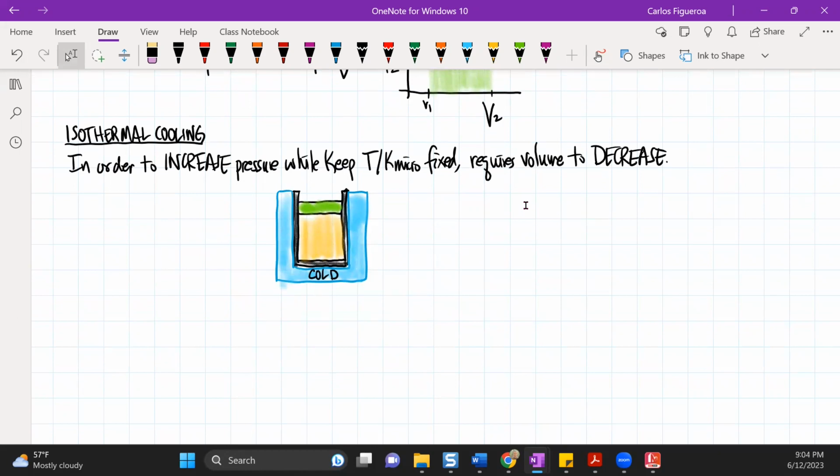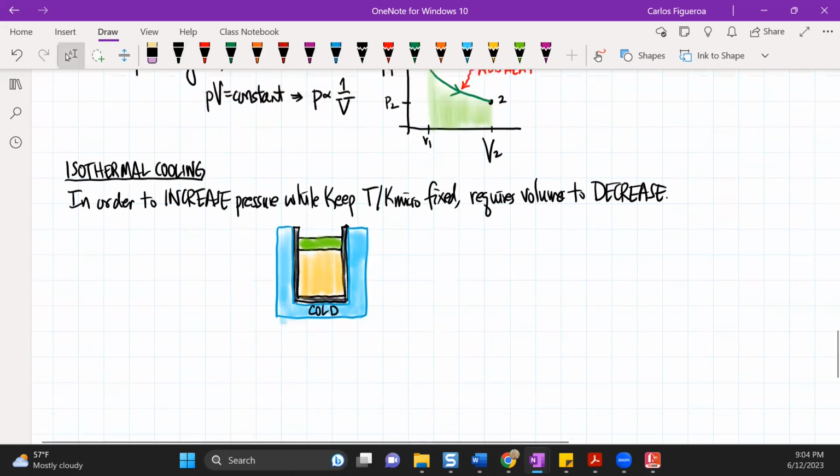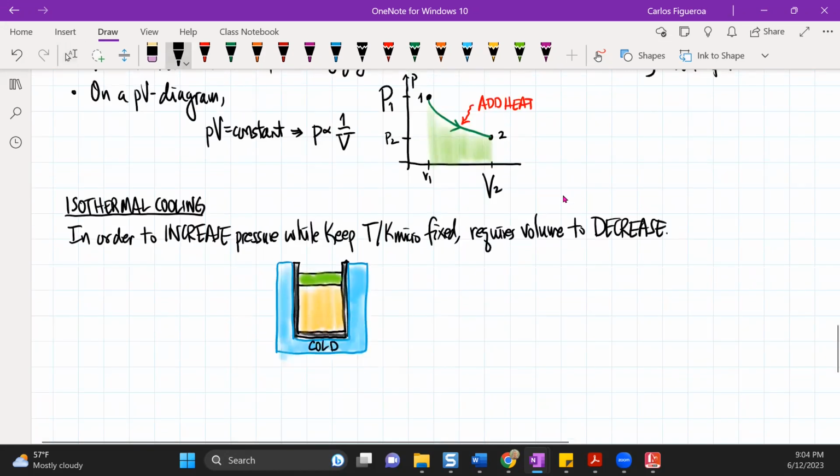Okay. So what's going to happen here is that now, if you look at the curve, I'm starting at a lower pressure and a higher volume. So what you're going to see here is that this piston now is going to start to move down. So now if I have a low pressure, but a large volume, here's what you're going to find here, that this ratio must be like this.